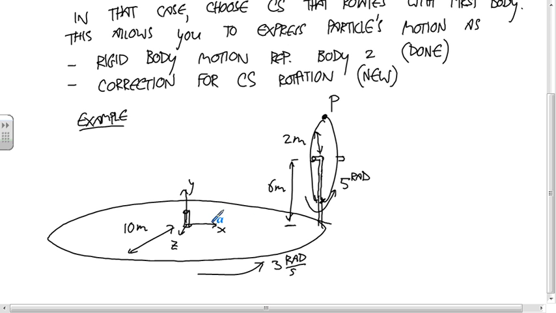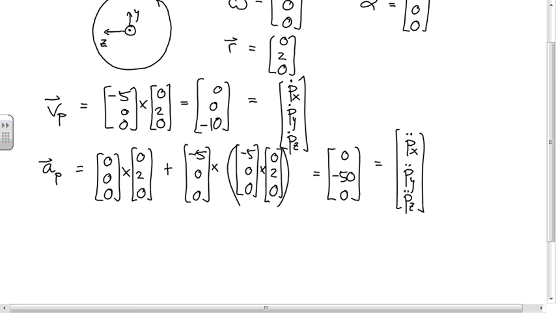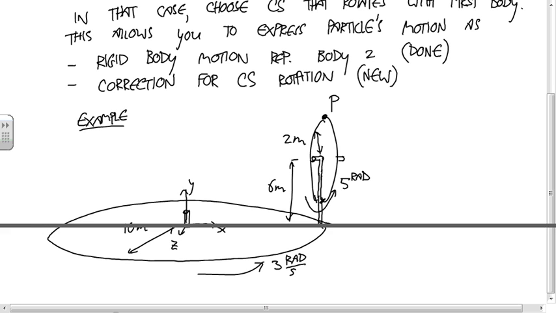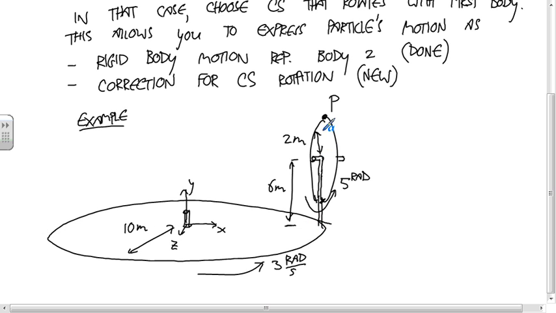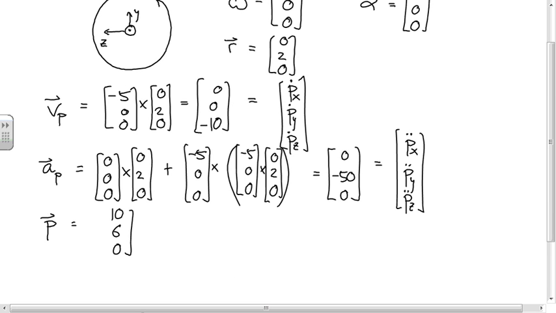I'm going to write down our position vector too. Our position vector is going to be 10x, 6y, 0z. So P is 10, 6, sorry, not 6, it's going to be 10 this way, 6, and then another 2 to get up to our point P. So this should be an 8.